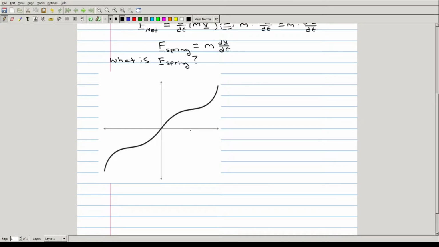On the x-axis here we have the displacement of the spring, and on the y-axis we have the tension in the spring.